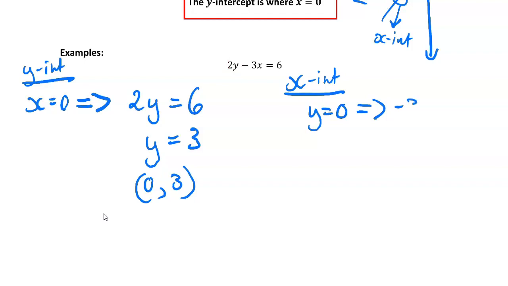So that's negative 3x equals 6. So then I've got to divide both sides by -3 to solve for x. So x equals -2. All right. So that means my x-intercept is at -2, 0.